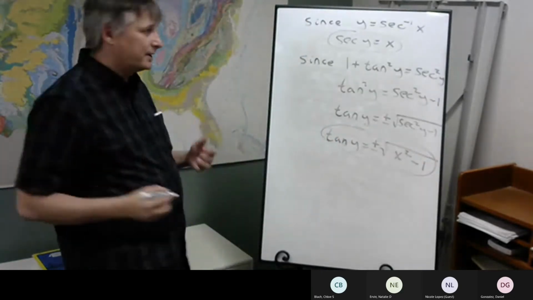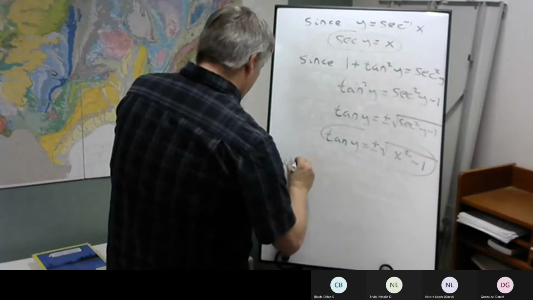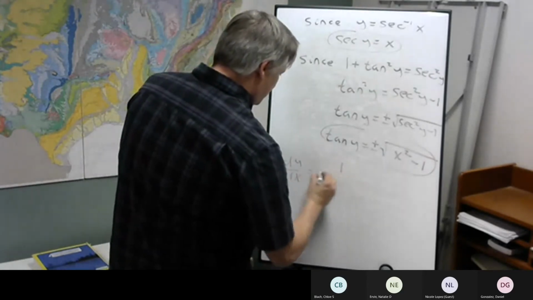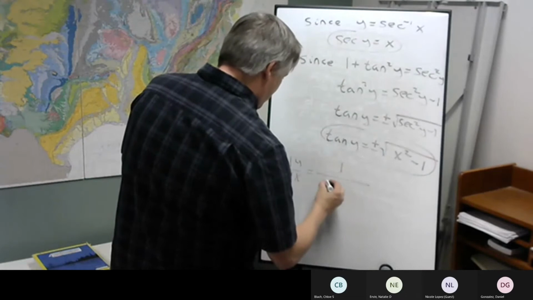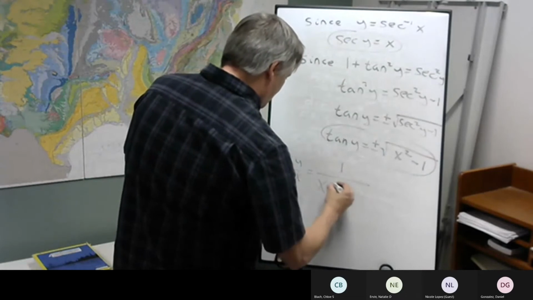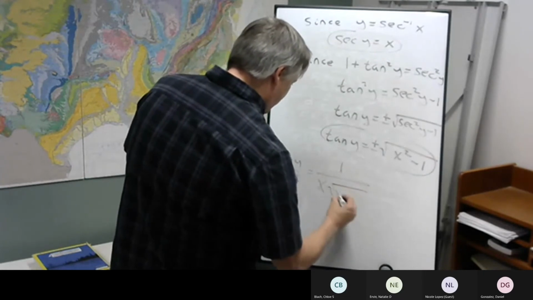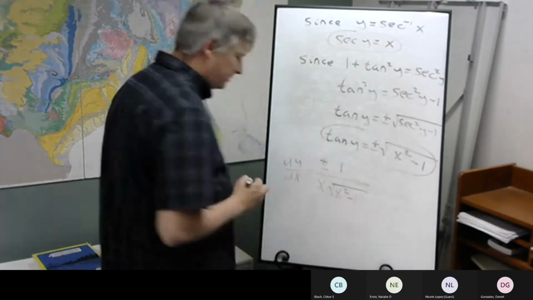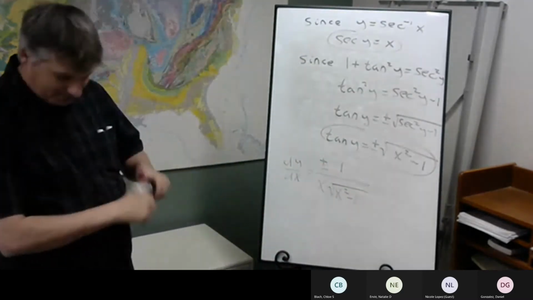So bringing this all together, dy/dx is going to be 1 over x times the square root of x squared minus 1. We're going to have a plus or minus attached to this.